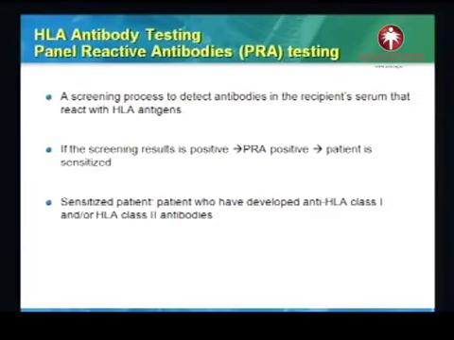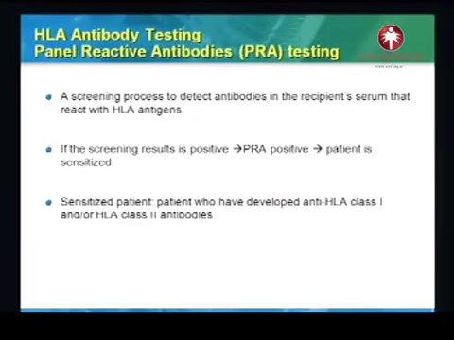HLA antibody testing, or what we refer to as panel reactive antibodies, PRA for short. Sometimes we use it interchangeably with antibody testing, which is a screening process to detect antibodies in recipient serum that react with HLA antigens.